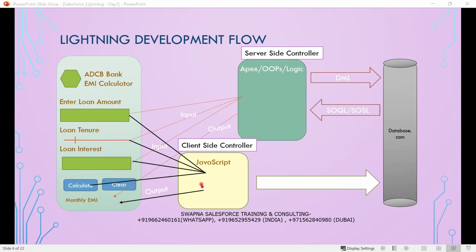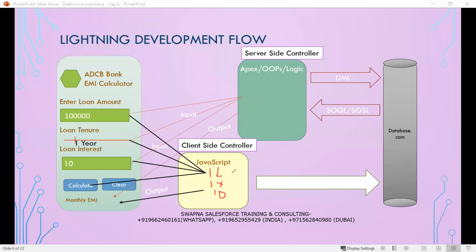Now let's assume that the user has entered the loan amount is 1 lakh. Loan amount is 1 lakh and tenure is 1 year. The user has selected the tenure is 1 year and the loan interest is 10. Loan interest is 10. All this information goes to client-side controller. It will take 1 lakh and tenure is 1 year, and then what is the interest?